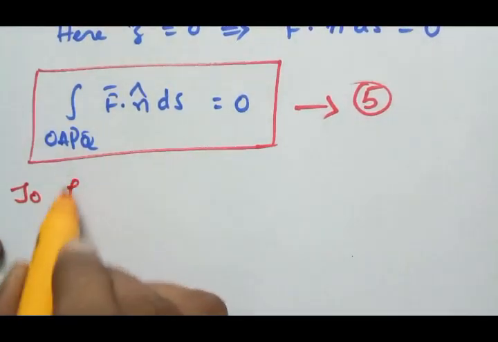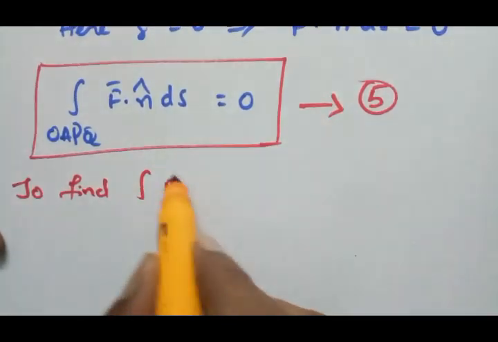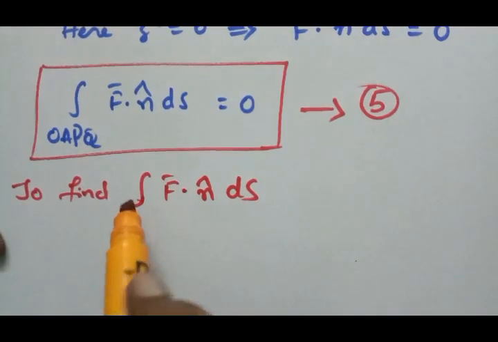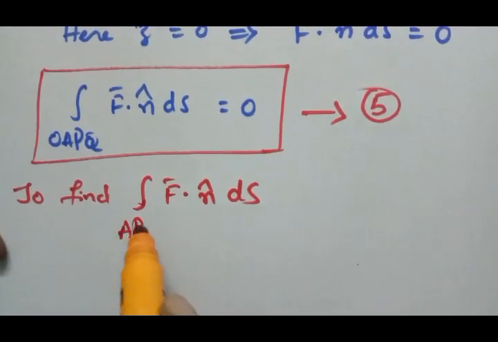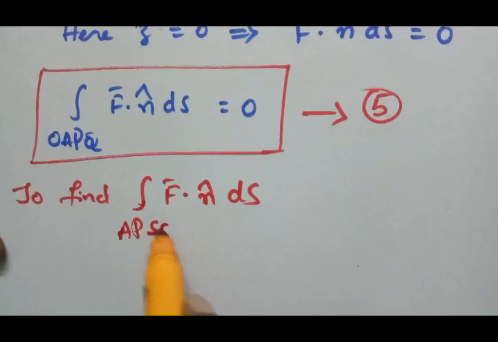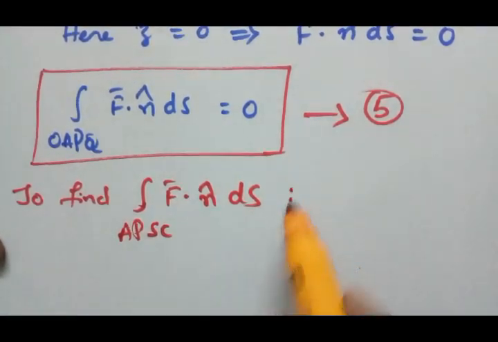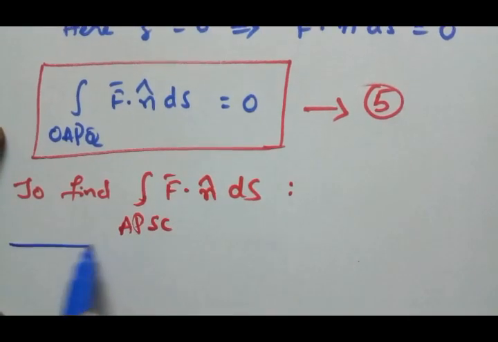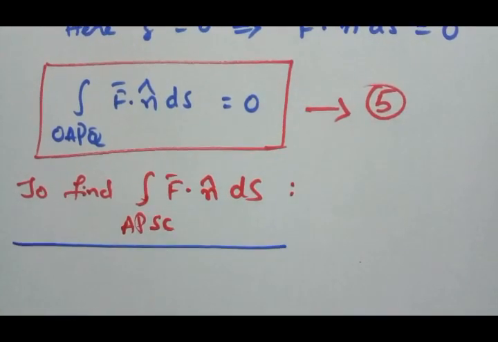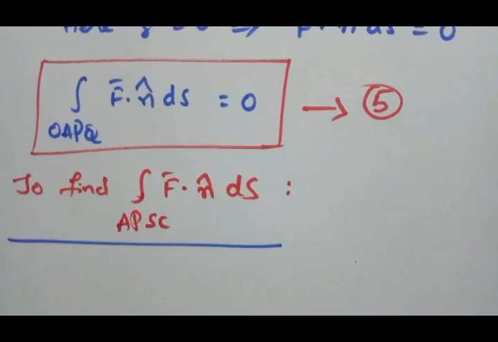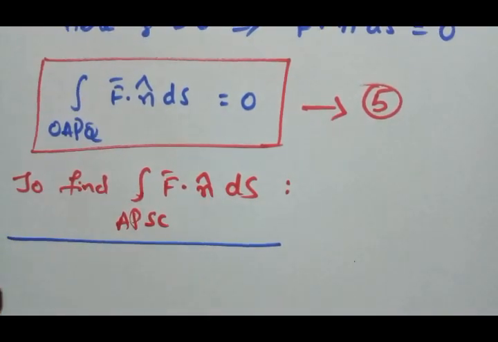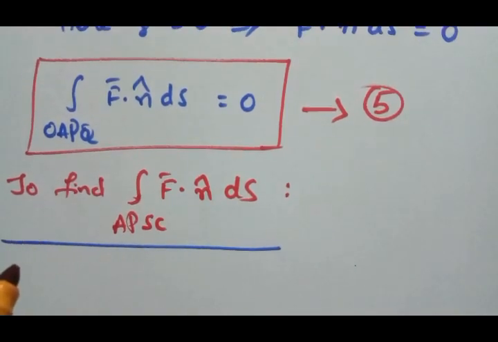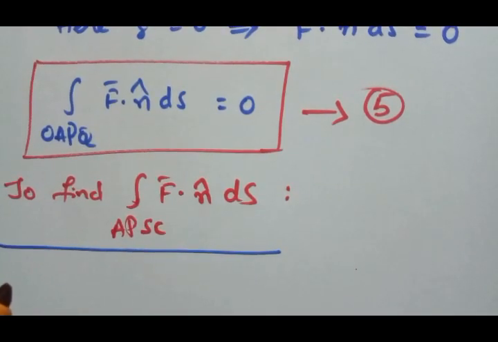To find the integral of f bar dot n cap ds along APSC, here APSC is the front portion of the cube, which is drawn at y is equal to 1.